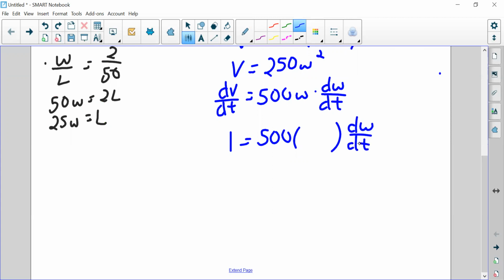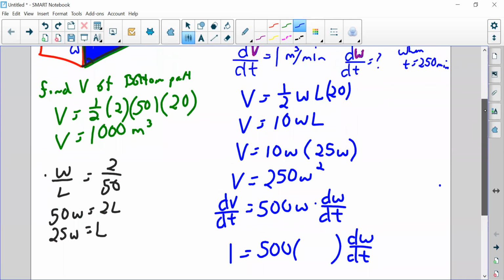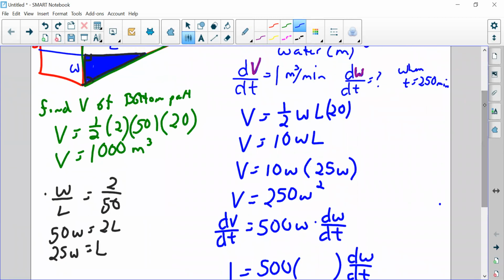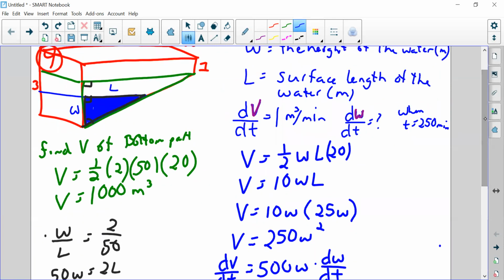But I gotta get rid of that W there. So I gotta figure out, maybe we could solve it for W right there. How can I find W? Would we not use the similar triangles? No, because we don't know L either, so that wouldn't help us. We know the volume at 250 minutes.